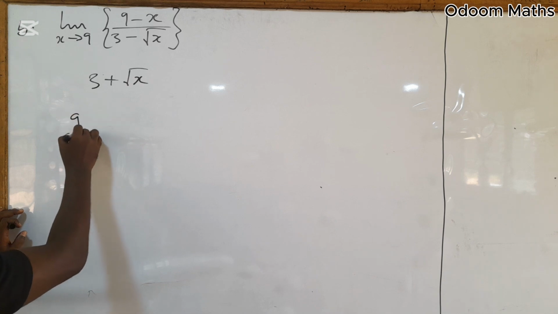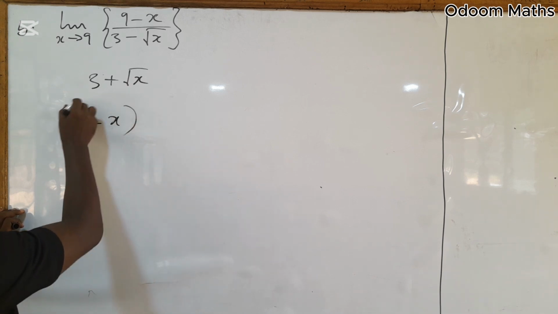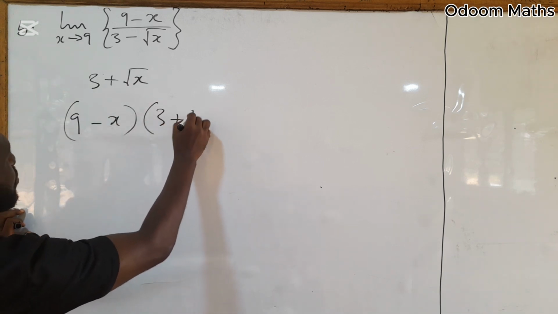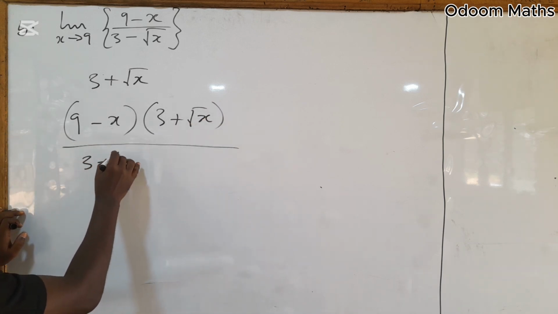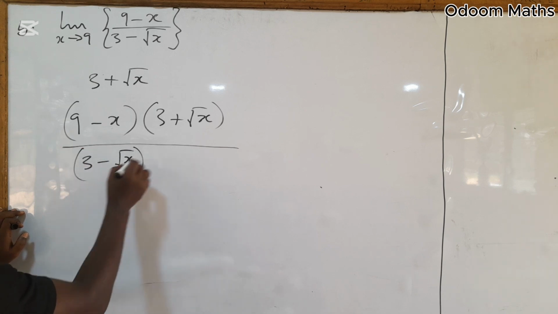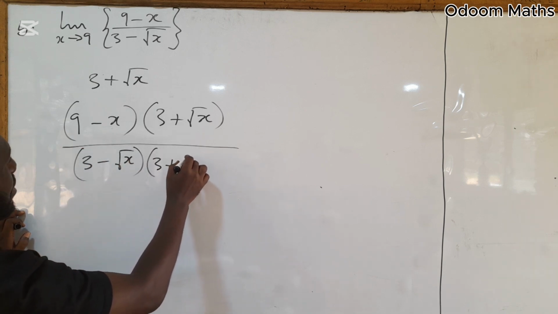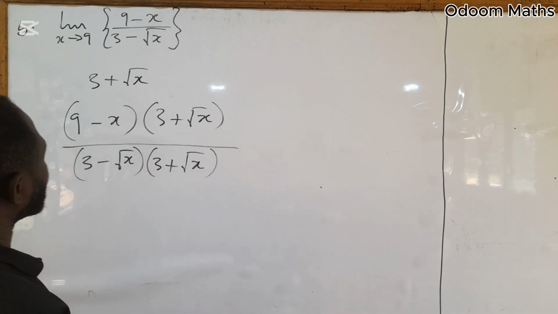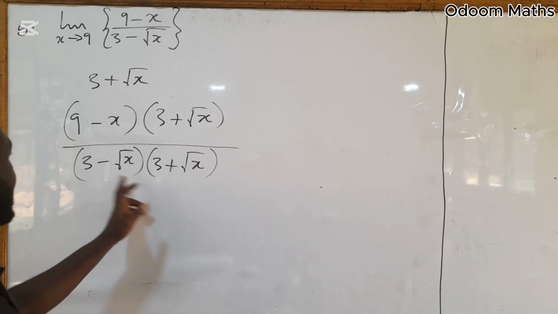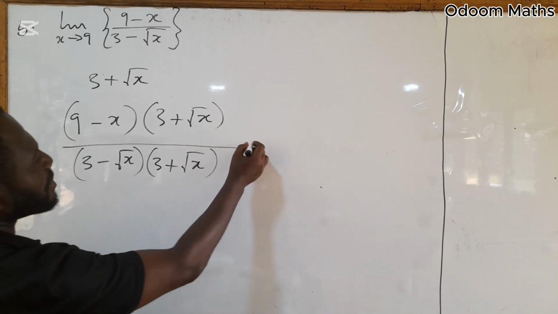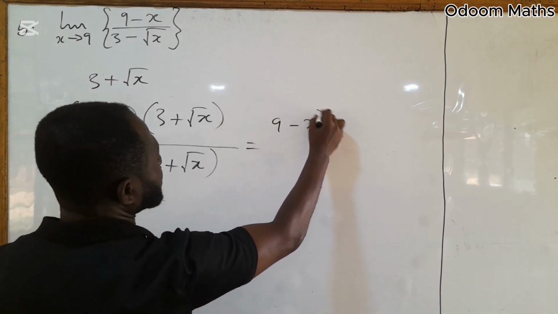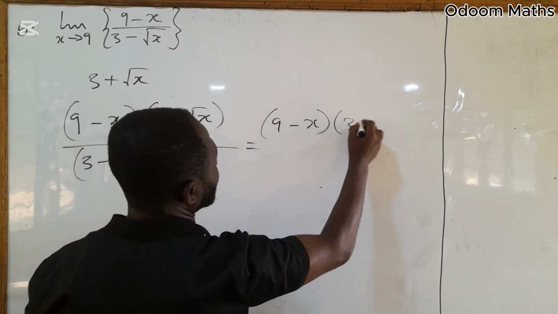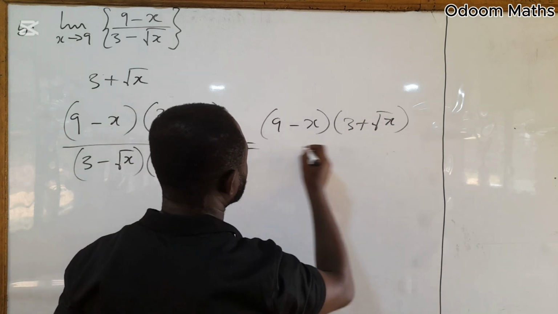So here we have 9 minus x multiplied by 3 plus root x over 3 minus root x, also multiplied by 3 plus root x. Okay, so then here, let's expand the denominator. So we have 3 minus root x and then 3 plus root x.